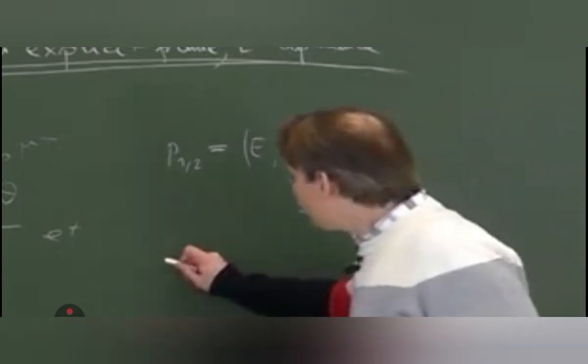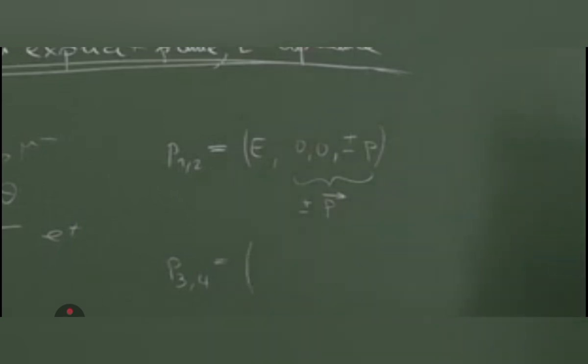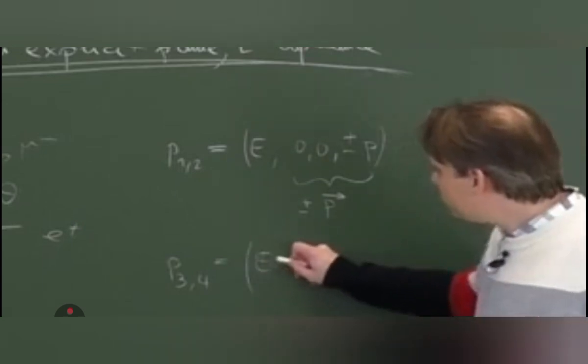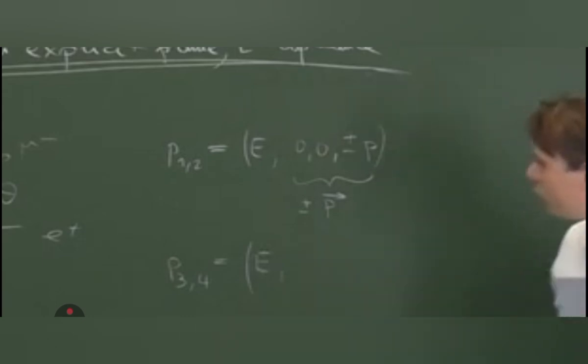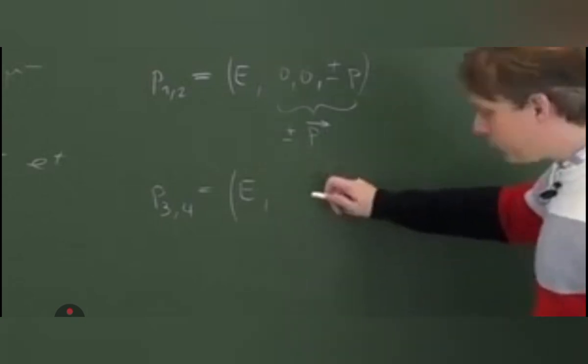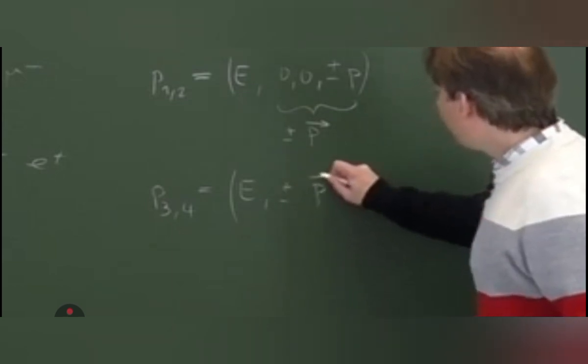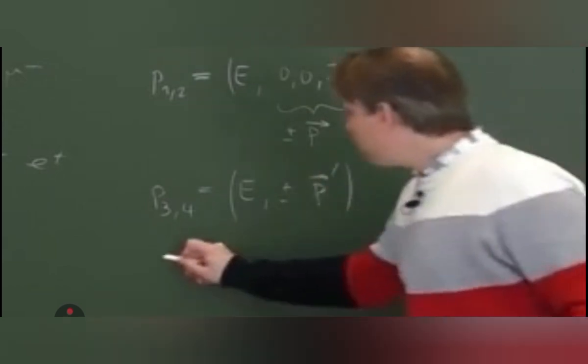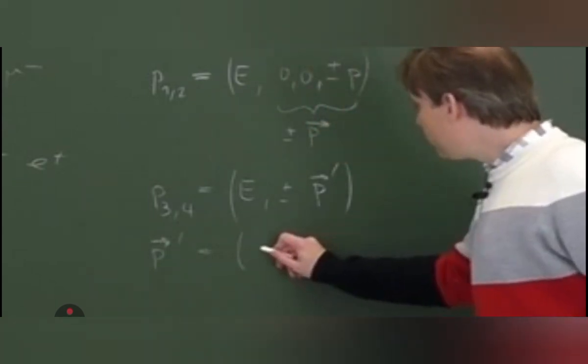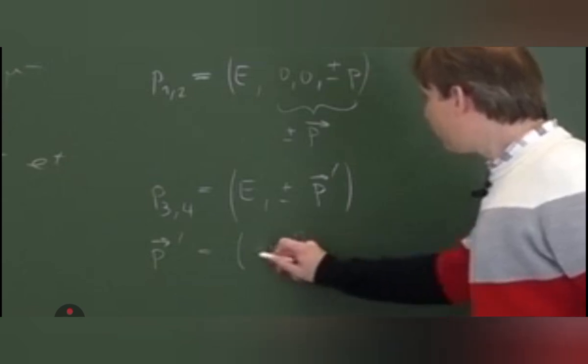Then for the final state, P3 and P4, the final state energy must be the same as the initial state energy, therefore the energy is the same, E. And now we allow for this angle theta in the xz plane, so we write it as plus or minus p vector prime, where this p vector prime is the following three-dimensional momentum: sine theta times p prime, comma 0, comma p prime times cosine theta.